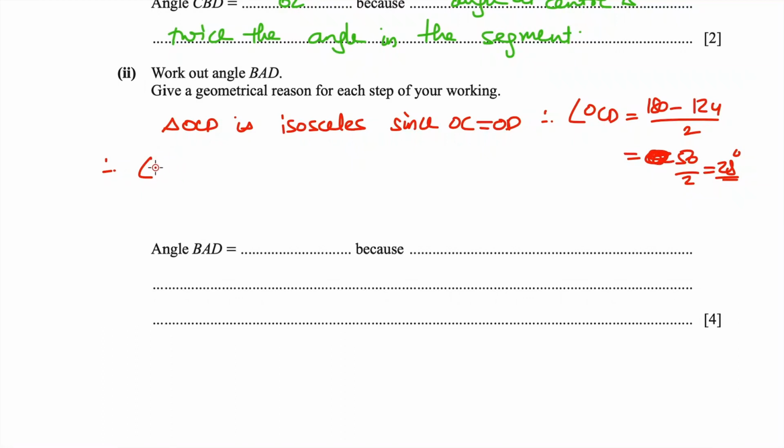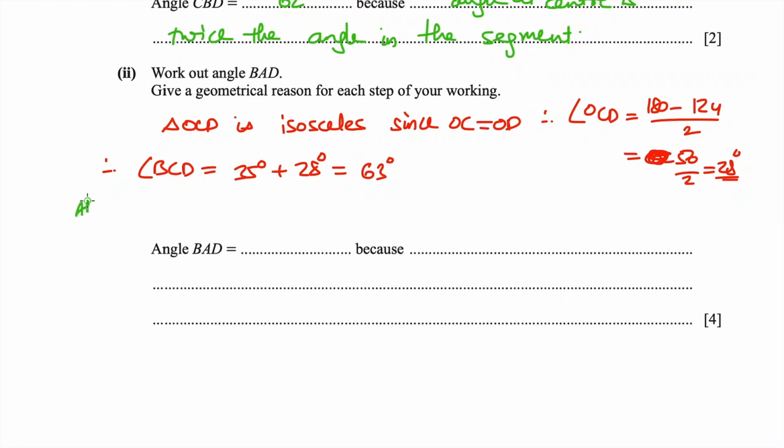So therefore angle BCD will be equal to 35 degrees plus 28 degrees, and this is equal to 63 degrees. Okay, so in the first case this is an isosceles triangle. In the second case we are finding out 63 degrees.